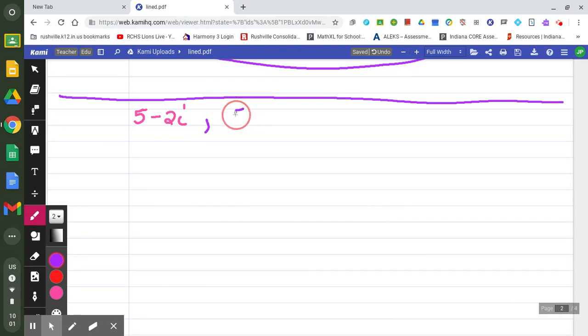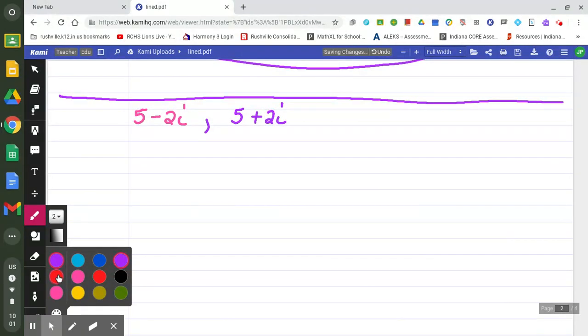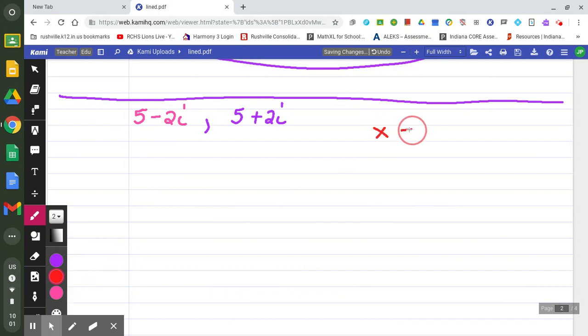It is 5 plus 2i. So our first step will be to make those x equals. So we'll have x equals 5 minus 2i, and we'll also have x equals 5 plus 2i.